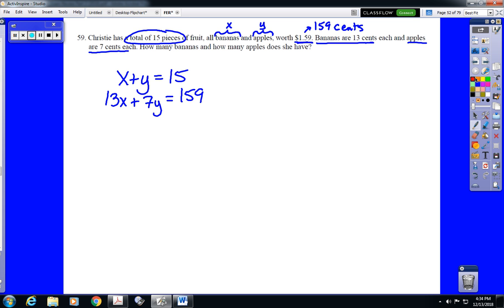Now I would consider this to be an elimination problem as well. I would eliminate y by multiplying the entire first equation by negative 7, which would change my system into negative 7x minus 7y equals negative 105 for the first equation.